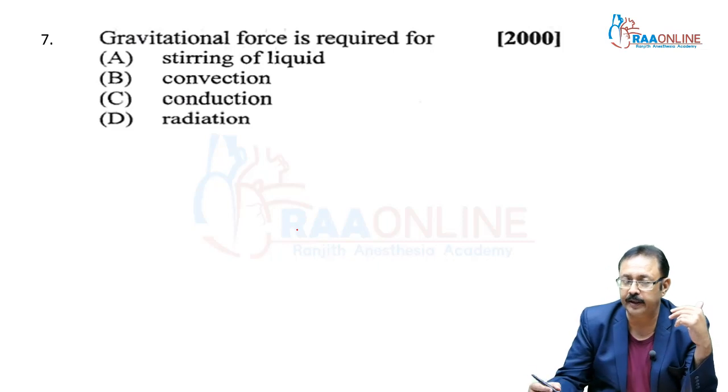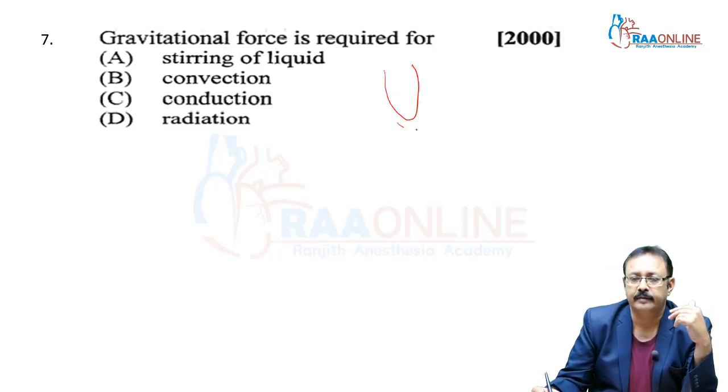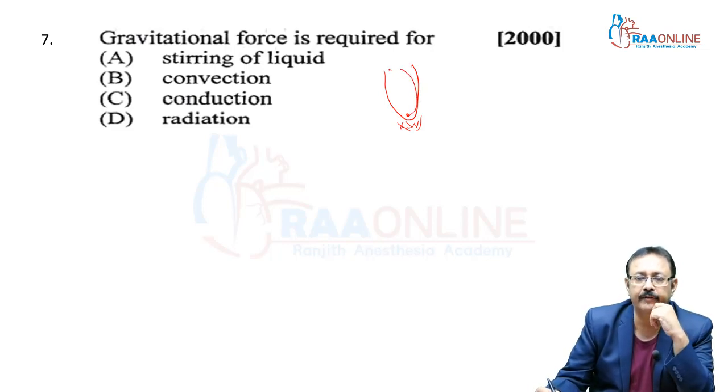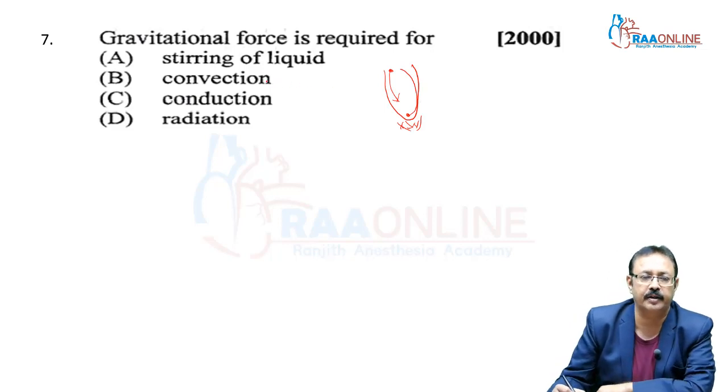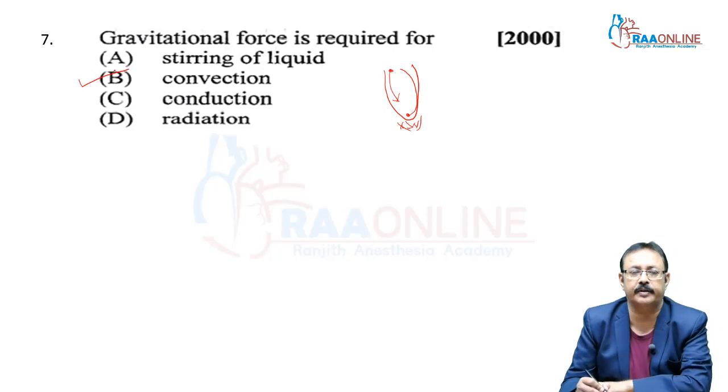But when you are heating a liquid, what is happening? By heating, the particles become lighter and move to the upper part, and heavier particles due to gravity come down. Means gravity is used in the method of convection. So gravitational force is required for convection.